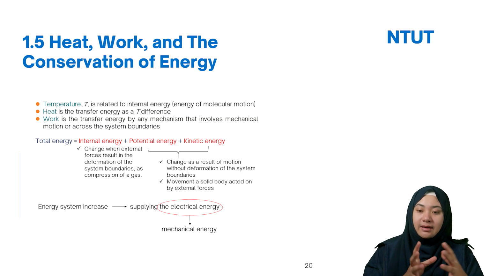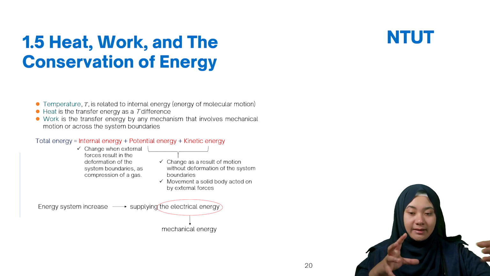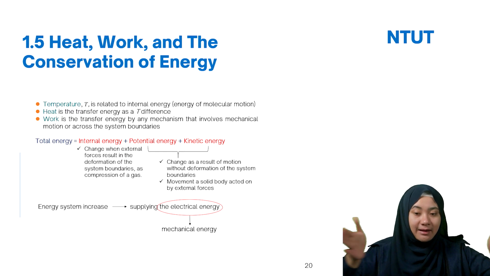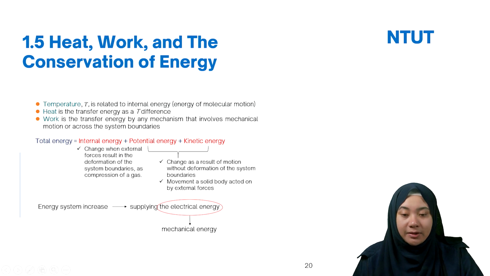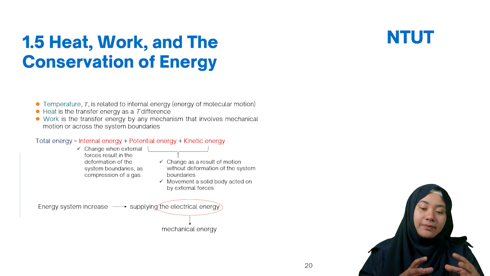So here we have the total energy: internal energy plus potential energy plus kinetic energy. The internal energy changes when external forces result in deformation. Deformation means, when you have this system and it expands or enlarges, that is what we call deformation of the system boundaries. The potential and kinetic energy change as a result of motion without deforming the boundaries.